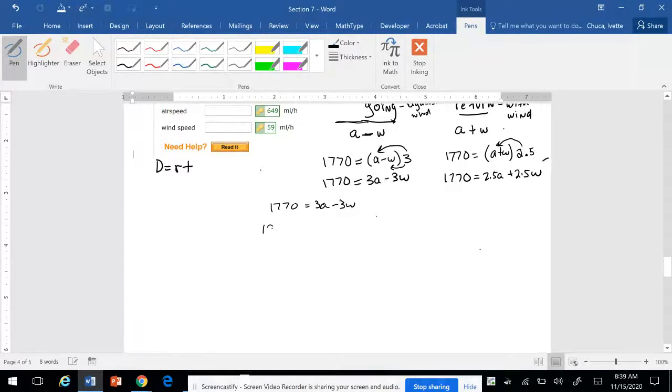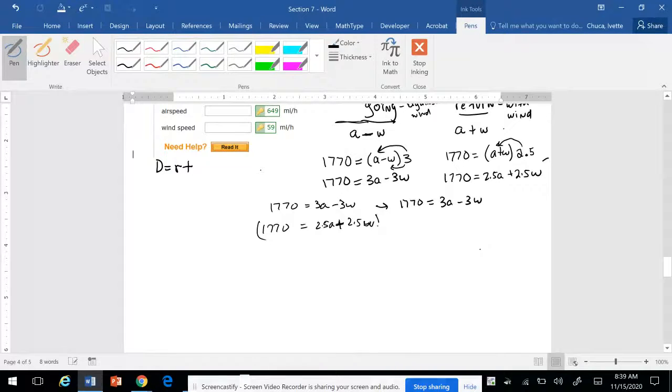And then my second equation. If you don't want to work with decimals, then we can get rid of that decimal. So I'm going to write this as 1770 equals 3A minus 3W.